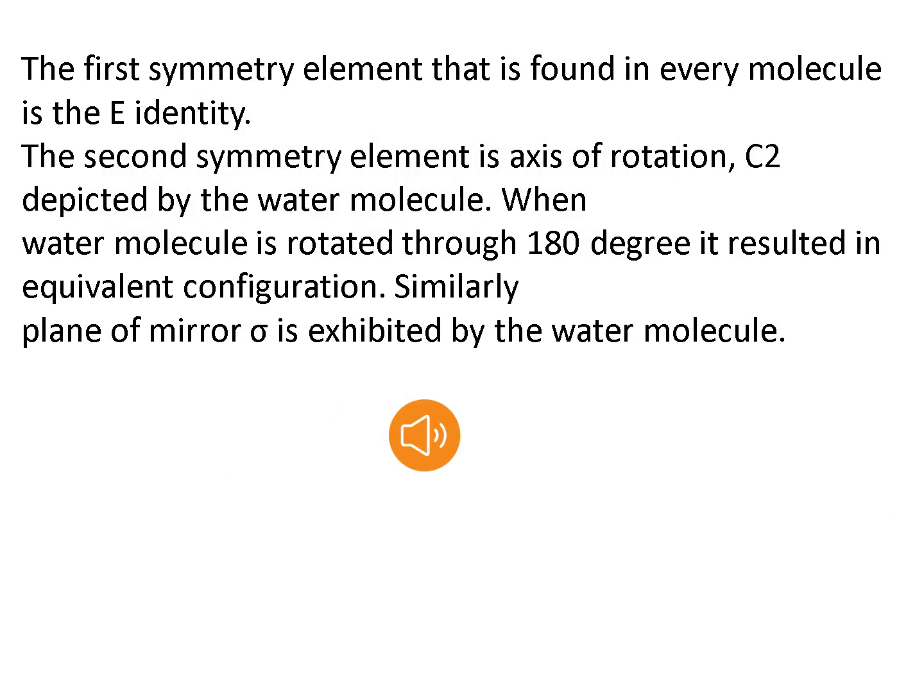The second symmetry element is the axis of rotation C2 exhibited by the water molecule, when the water molecule is rotated by 180 degrees and it acquires an indistinguishable shape from the parent one. Similarly, the mirror plane sigma is exhibited by the water molecule, and it is sigma v1 and sigma v2. So this is about the symmetry elements in the water molecule.